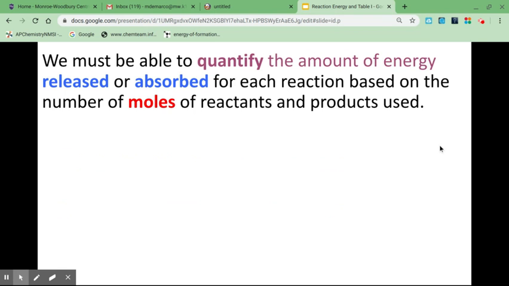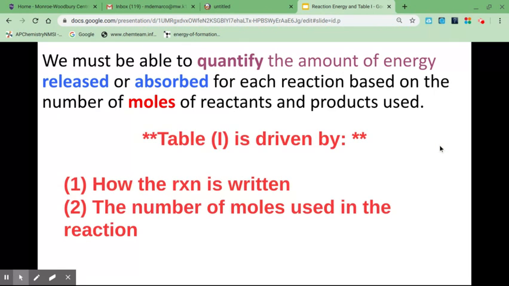Now, because we want to quantify the amount of energy, we need to understand that it's based on the moles of reactants and products used. So we have to use Table I and compare carefully the reaction given to you to what's on Table I. Sometimes you're going to see the reactions written exactly the way it's supposed to be. Sometimes it's going to be written differently. It's going to be written backwards.